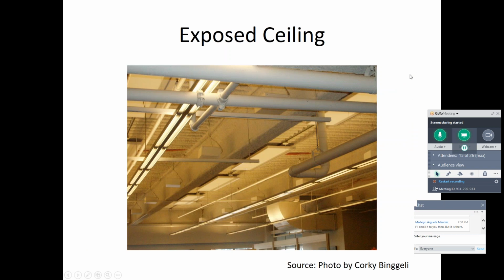Here we're showing an exposed ceiling. I feel like I skipped a slide, but interestingly enough, your book is going to explain that in order to be in code compliance, while we might see in apartments in New York or Chicago, they're going more and more to this exposed ceiling for that urban feel.